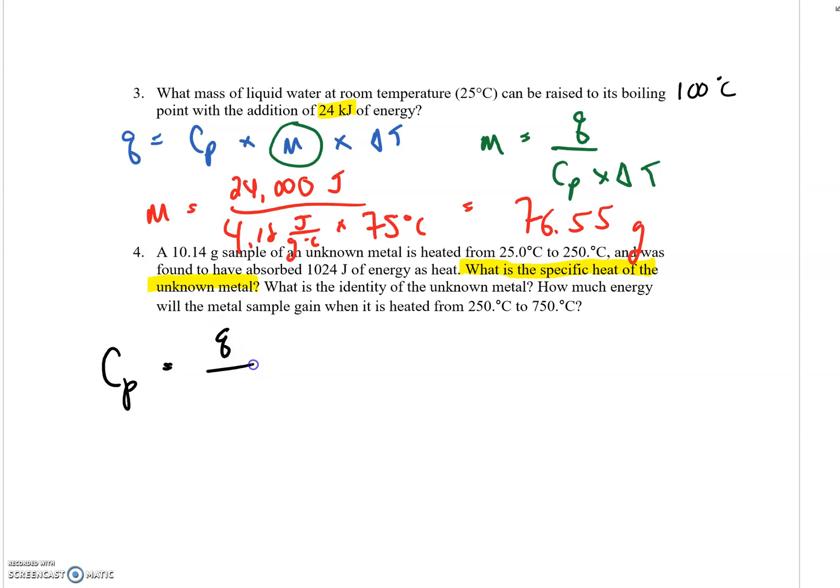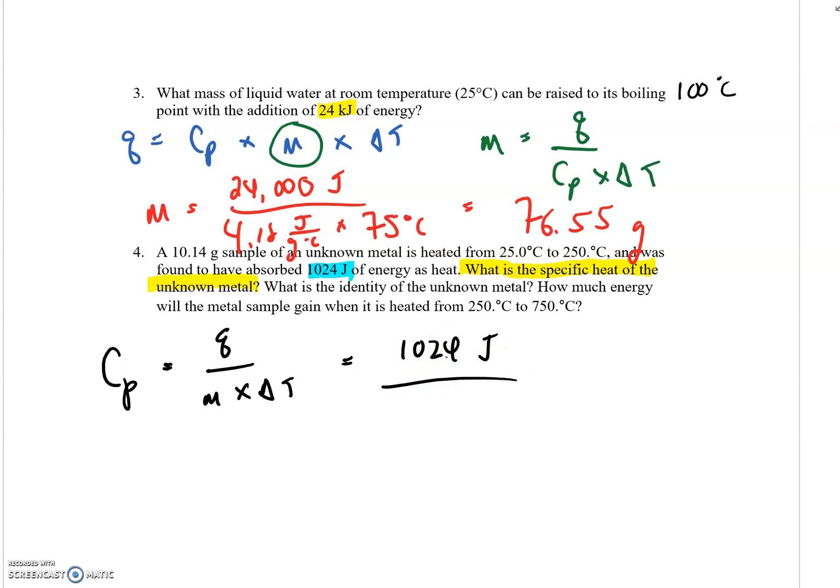Going to arrange this equation to find specific heat. It's going to be Q over mass times delta T. Okay, it says that we have an energy of 1,024 joules.